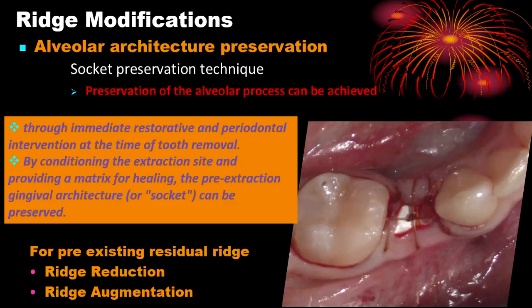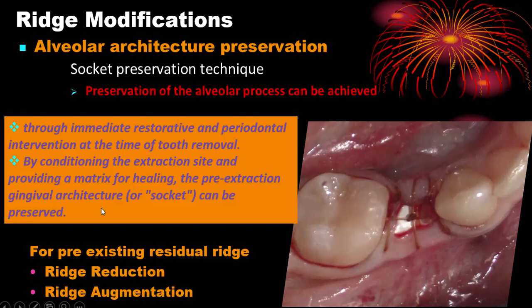Ridge modification or alveolar architecture preservation. After extraction you can do preservation of the socket during treatment through immediate restorative and periodontal intervention at the time of tooth removal, by conditioning, meaning guided treatment.